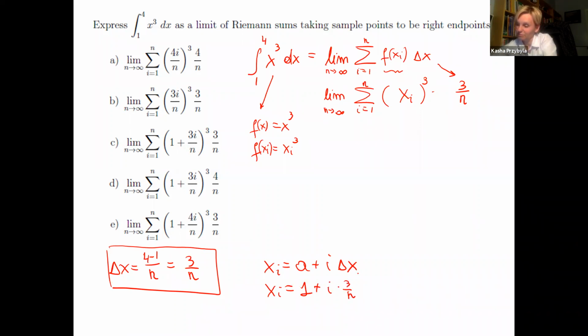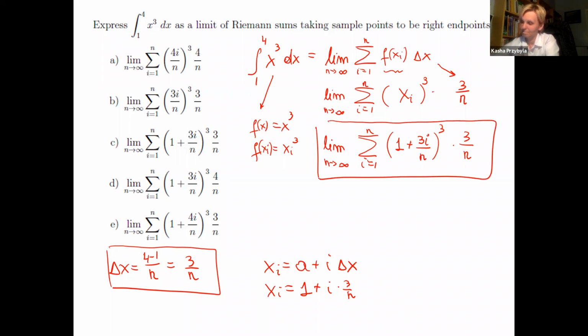That means I can put the final answer: limit of the sum of (1 plus i times 3 over n) cubed times 3 over n. Do we have that form?